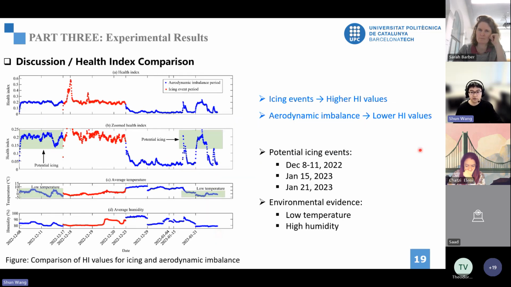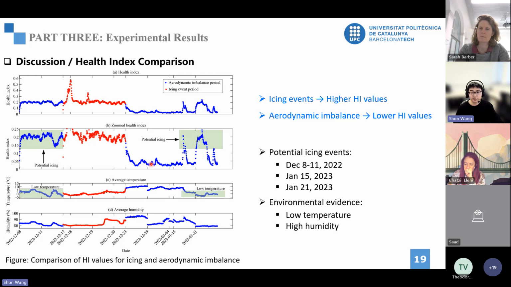Furthermore, we put the health index of imbalance and icing together and compare them. In this figure, the red dots are from icing events. Blue dots are from imbalance periods. We found that generally the red dots, labeled icing, show higher HI values, while imbalance periods show lower values.